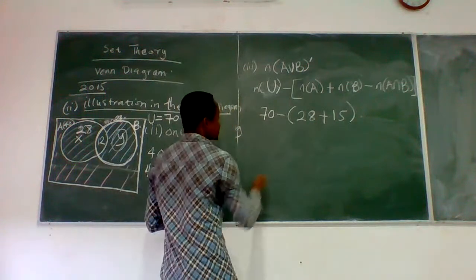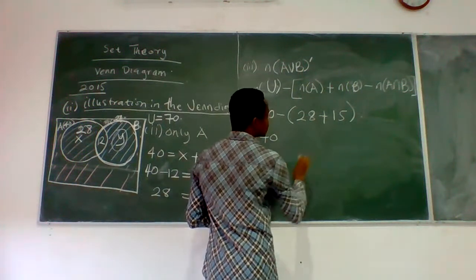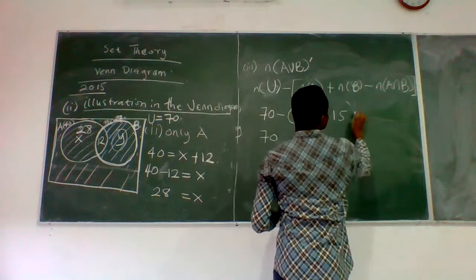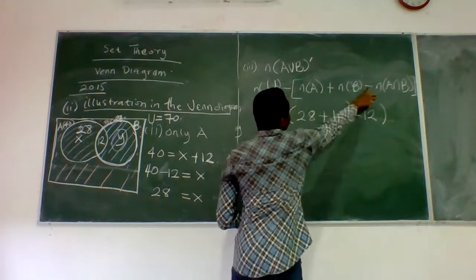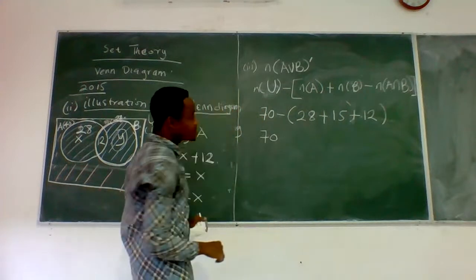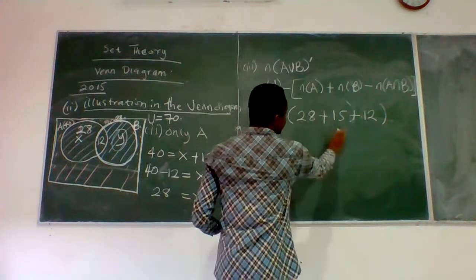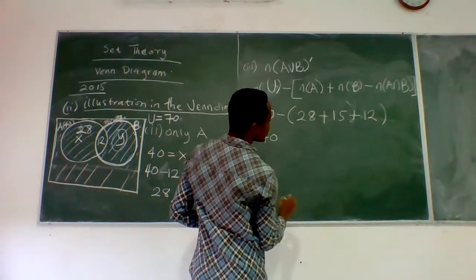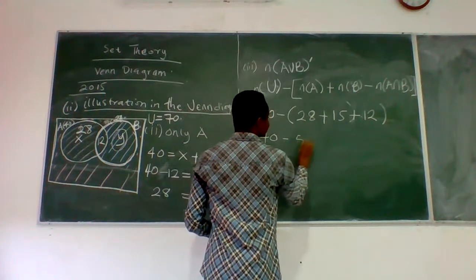So now we have 70, plus 12, but this negative 12 becomes positive. So this is the formula. So you have 28 plus, you add this together, so I guess you have something like 55.